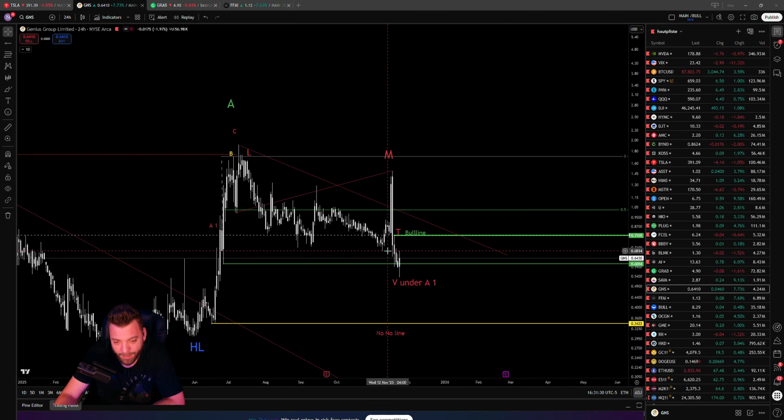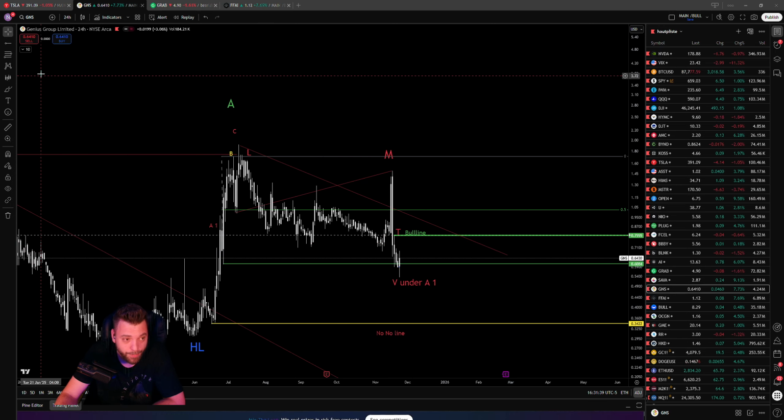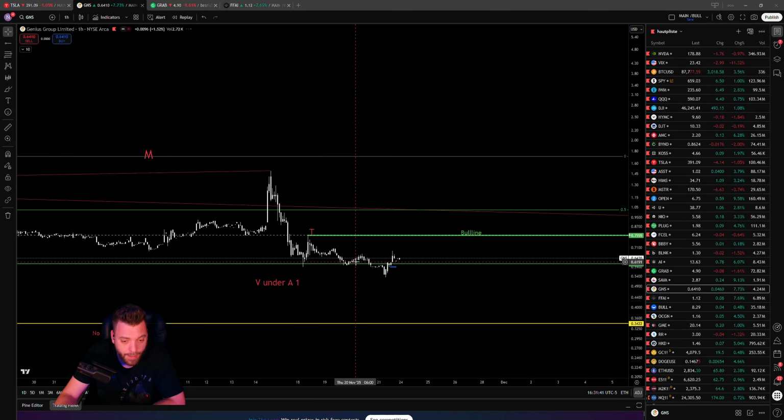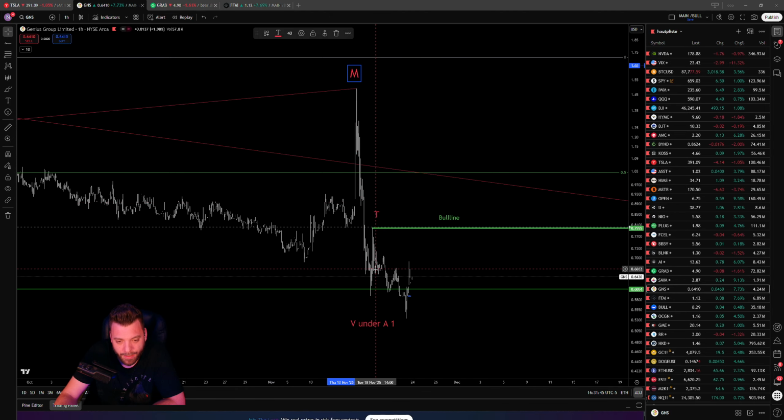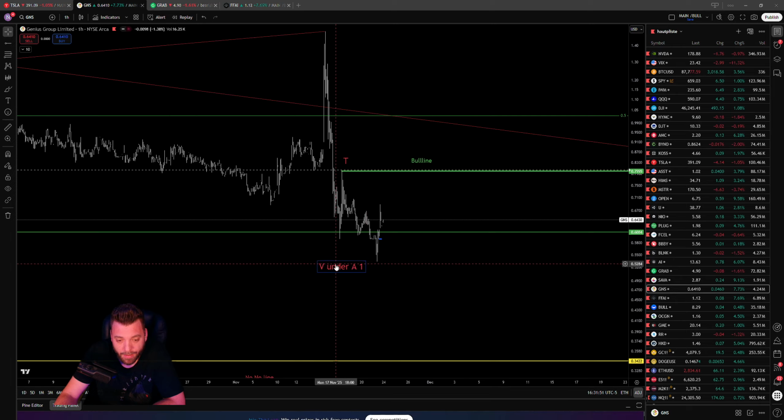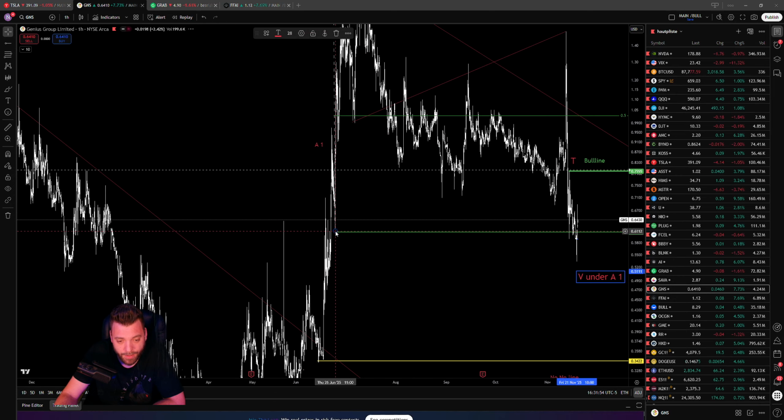Here I broke my rules for once, where I said, okay, this could be the bounce, but it wasn't V under A, so don't break the rules. And if you go lower, this is our T peak. We already dropped under it, so we are under V under A.